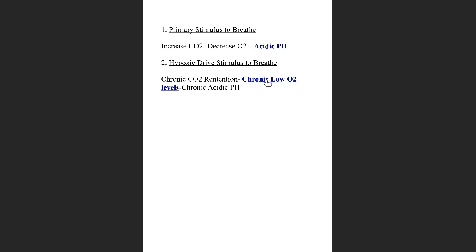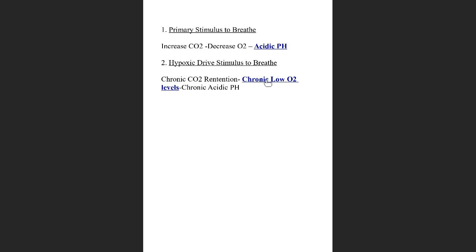The brain will sense that sudden drop in the pH of the cerebrospinal fluid. Once that is detected, the brain will initiate processes to increase the respiration to get more oxygen in. That's the primary stimulus for breathing. So what the brain is responding to in the primary stimulus is the pH, right?